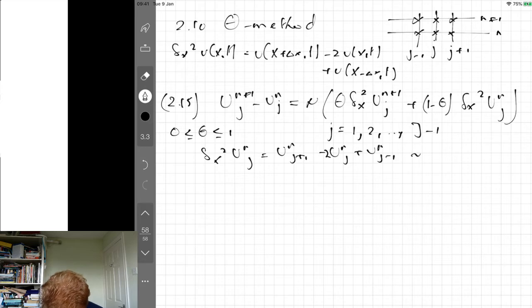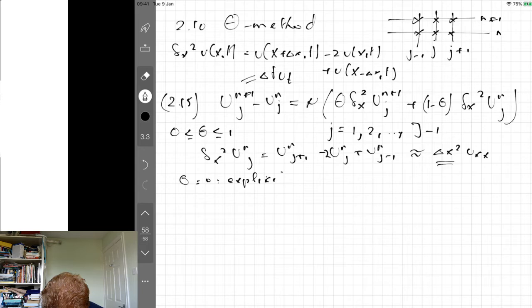So this is approximately delta x squared times uxx. And this was, recall, delta t times du dt. But I've divided through by delta t, and I've taken out the delta x squared in the mu. So theta is 0 gives us the explicit forward Euler scheme, which we already introduced.